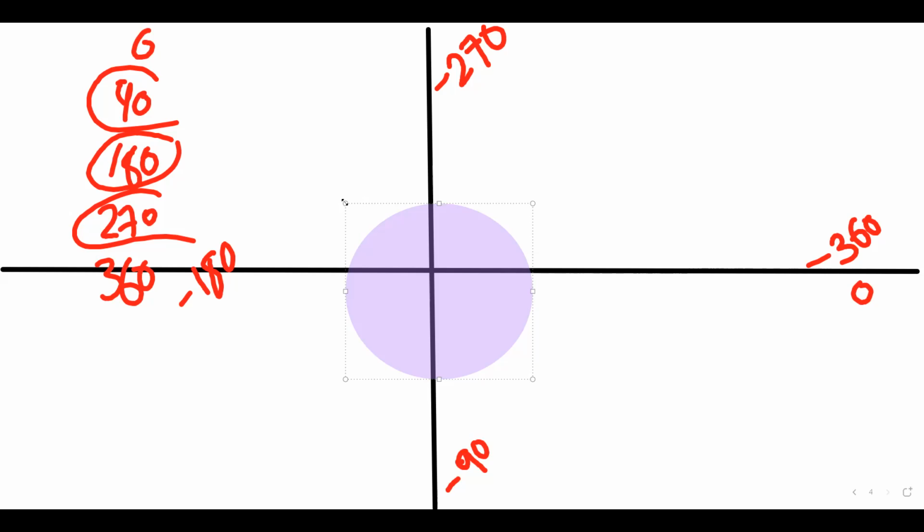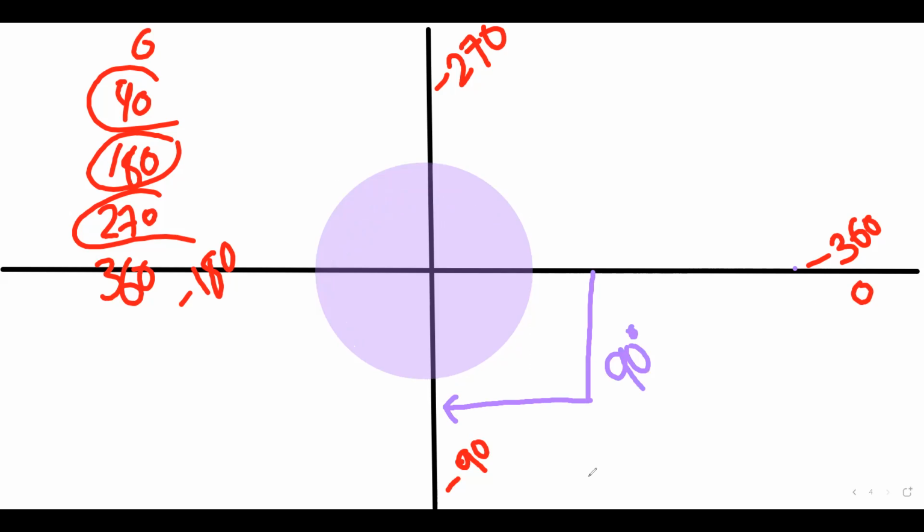So what you have to do now is say, if this is at negative 360, let's continue from here. Negative 360. You moved here, so you rotate 90. So negative 360 plus negative 90, what did you get?